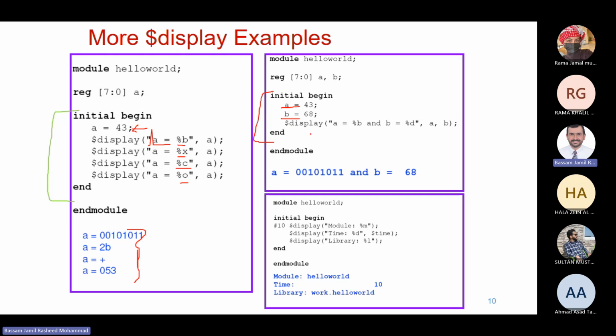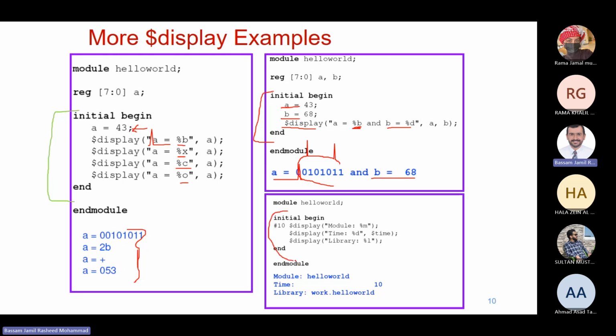So take these two simple examples and write them and compile them in your simulator. So this is A, B, and you can display their values. You can see the format of A is binary, so that's what you have here, and the format of D is decimal. That's what you have here.